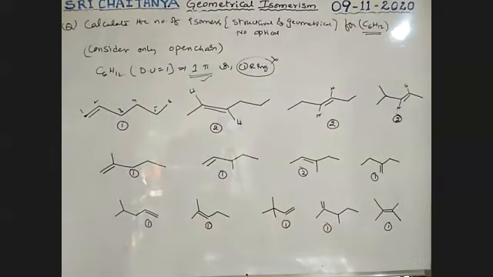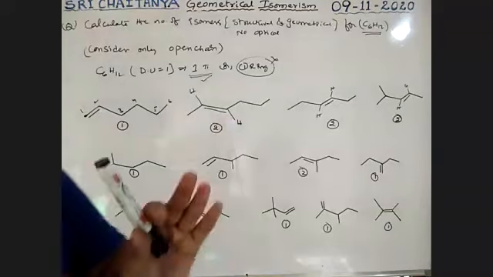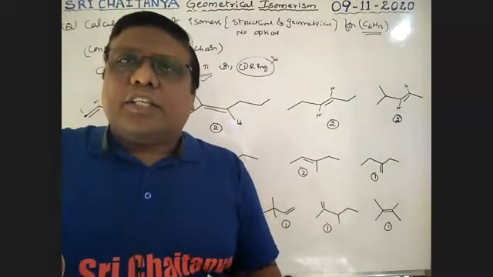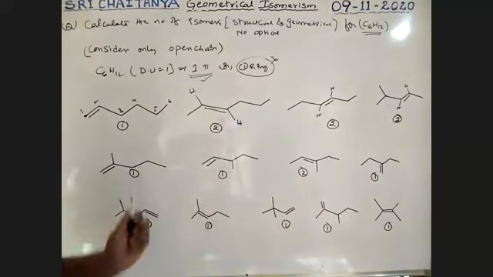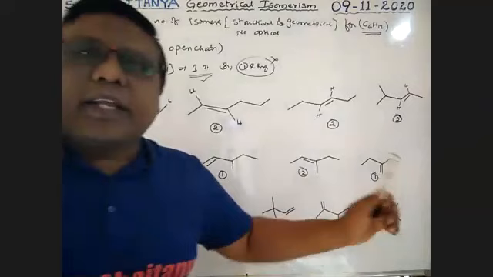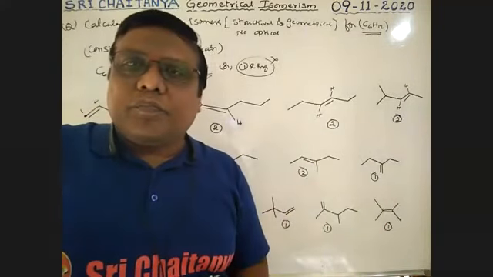All these are C6H12 compounds, boys. Now count the number of isomers if you want only structural isomers: 1, 2, 3, 4, 5, 6, 7, 8, 9, 10, 11, 12, 13. 13 structural isomers are possible.